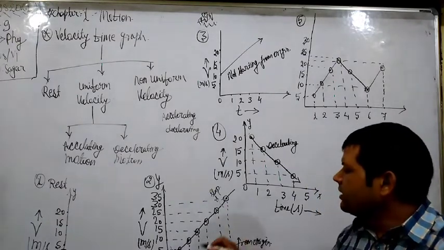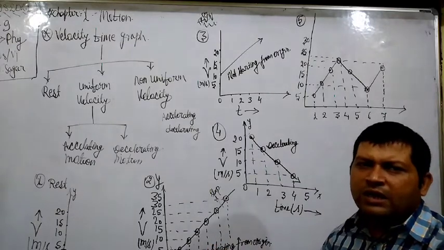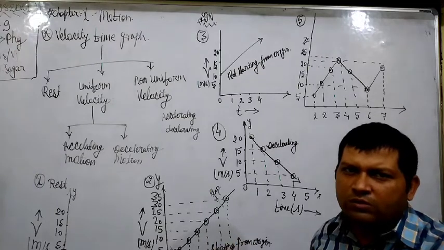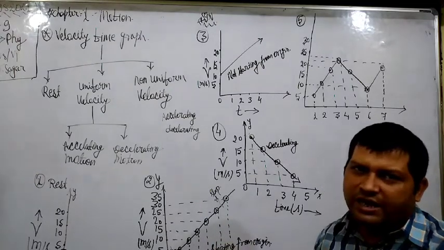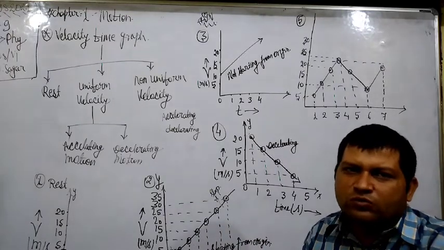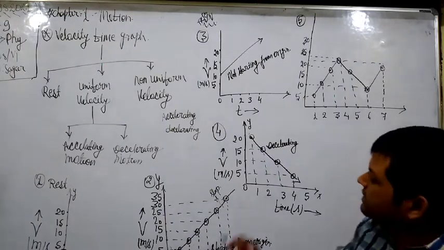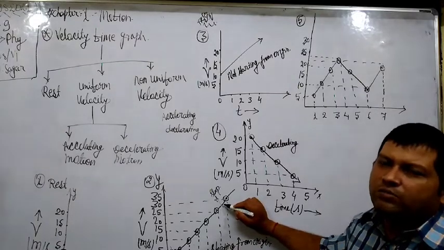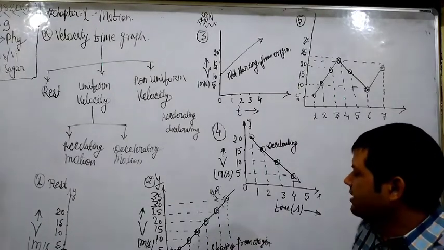In the same way, we observe that the slope of the velocity time graph for uniform acceleration is a straight line. It gives the acceleration, the rate of change of velocity. So we can say that this is accelerating motion, because there is acceleration here.